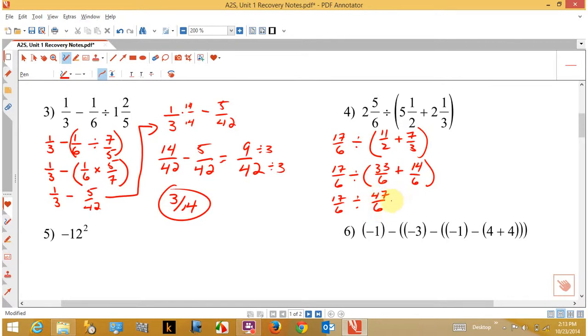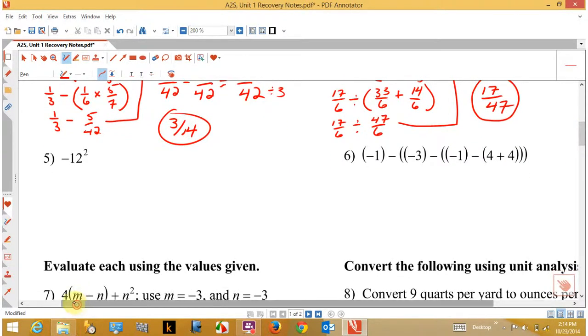Now to do the division, we're going to change that to a multiplication, right? That's how we do division. We do 17/6 times, and let's take the reciprocal of the second number. Notice that I have a 6 as a numerator, 6 as a denominator, and they are times, so I can cancel those, and so I'm going to have 17 all over 47. That cannot be reduced. 17 is a prime number.